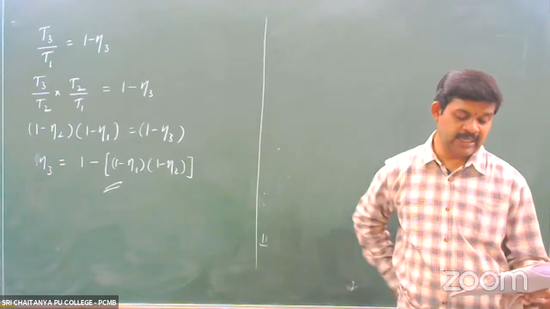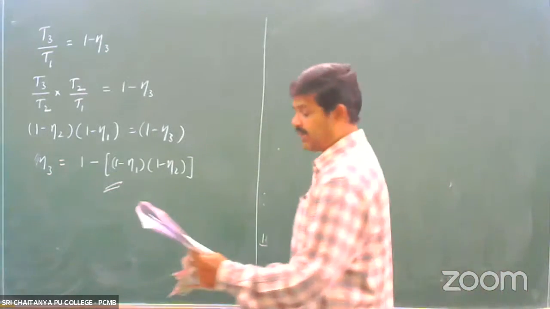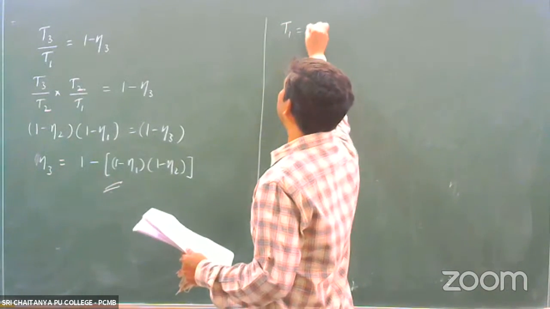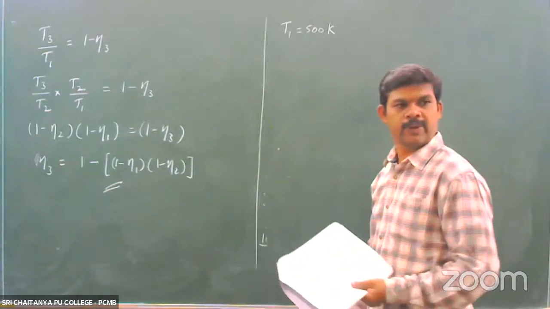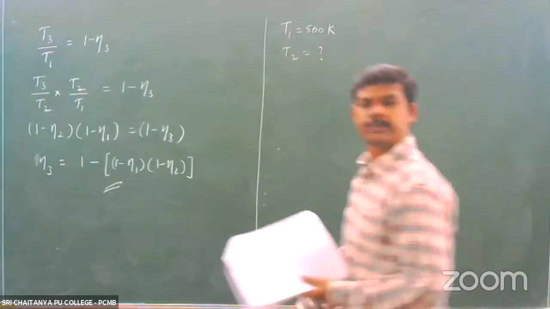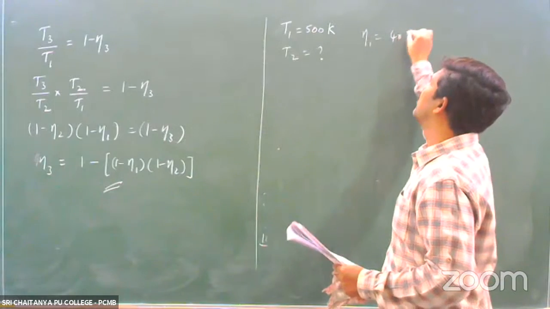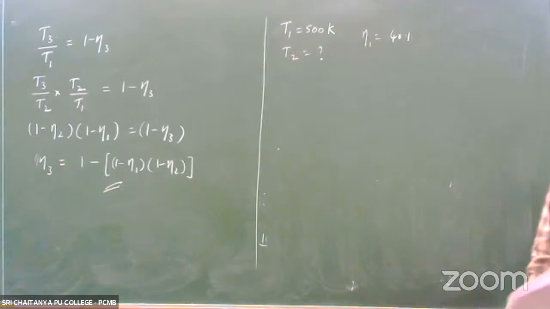First, what is given? T1 is 500 K, okay? T2 I don't know. Efficiency is what? 40%. Yes or no? Okay.